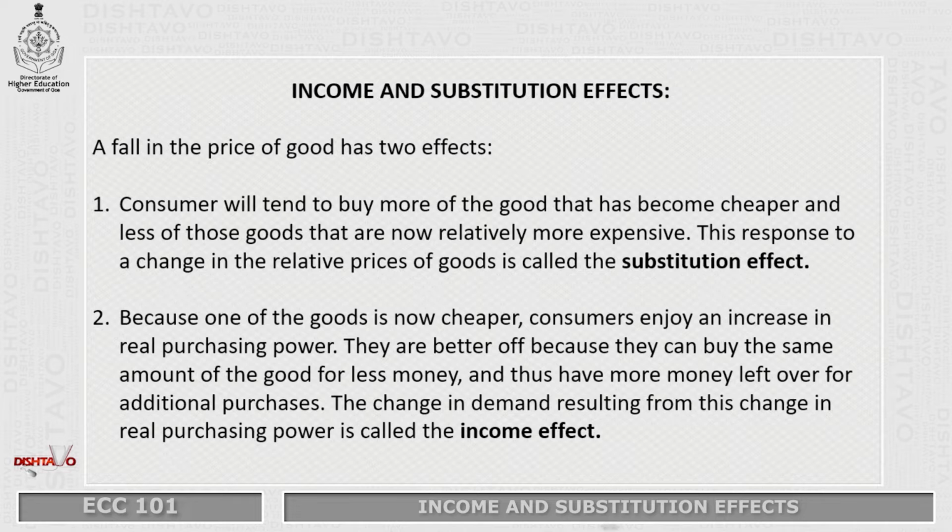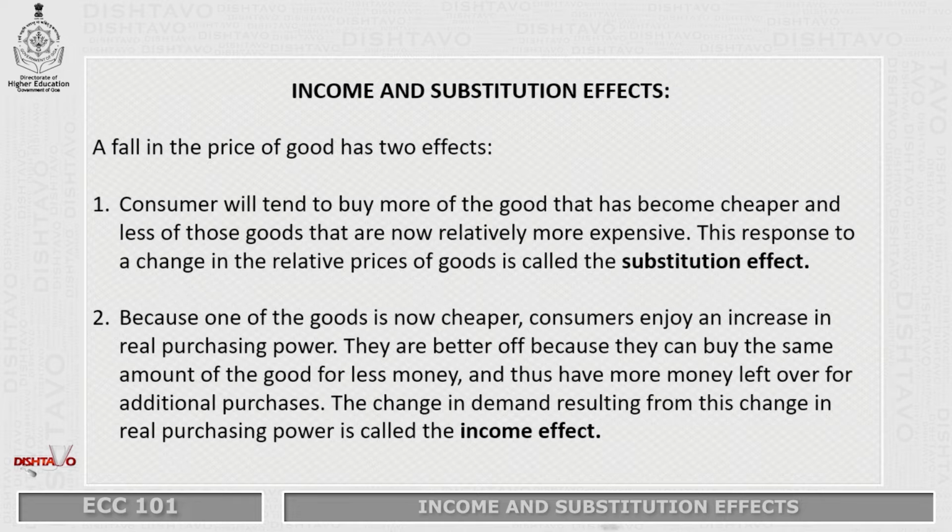And the second effect is, because one of the commodities has become cheaper, the consumer has more purchasing power in hand. They are better off because now they can buy the same amount of commodity for less money due to the fall in the price.